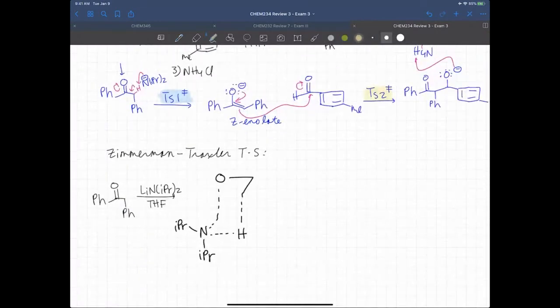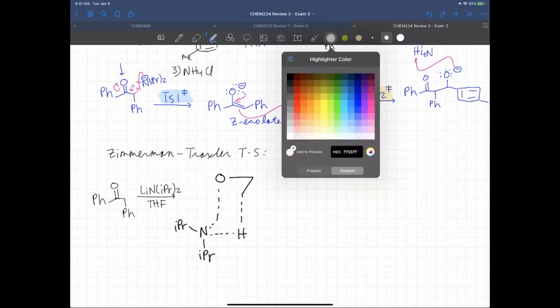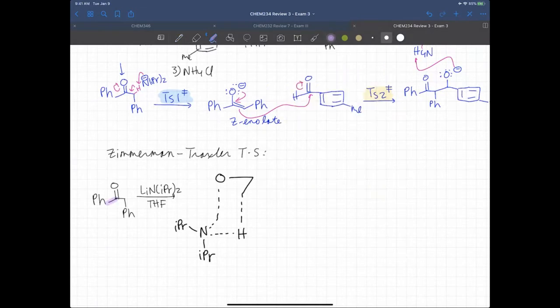Follow my highlighters. I have this bond here in purple, and then I have an R group, right? So okay, this bond in purple, it's going to be the bond right here. Okay, keep track with me.